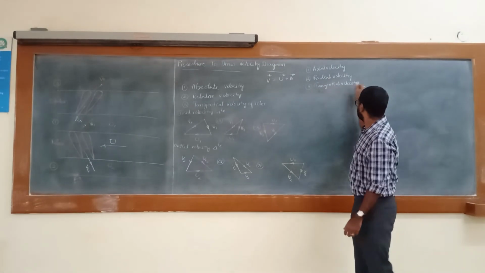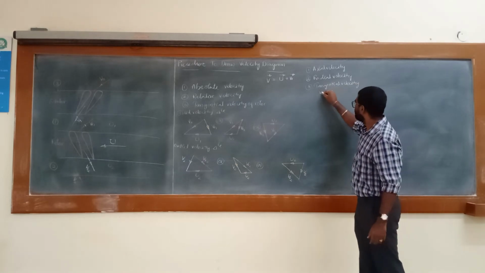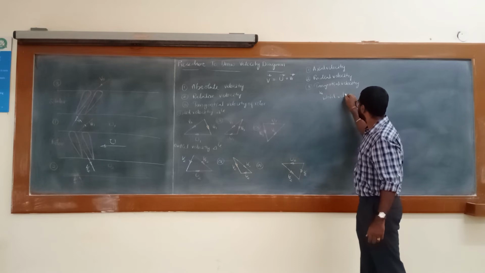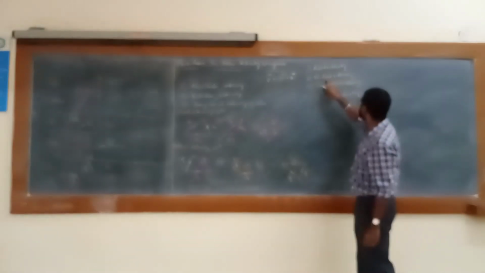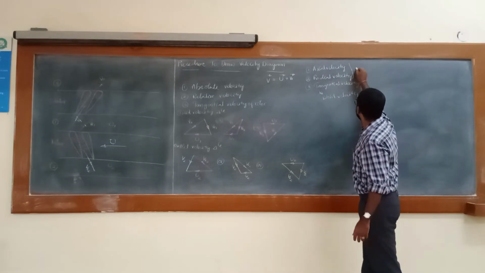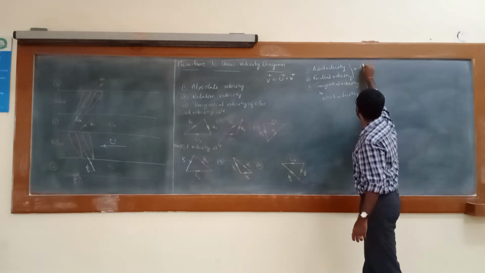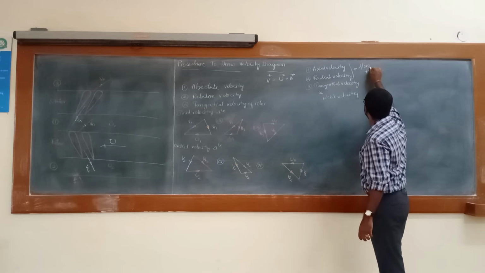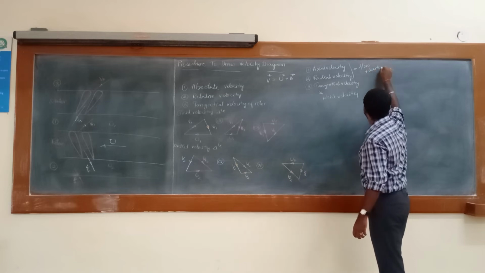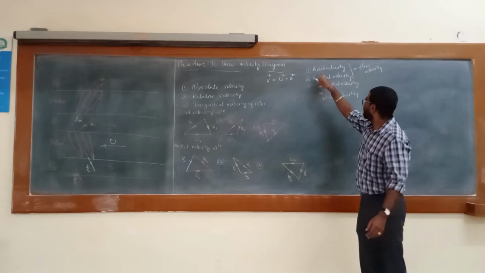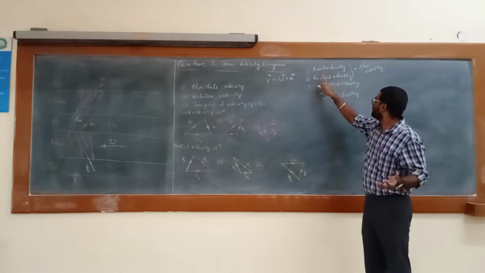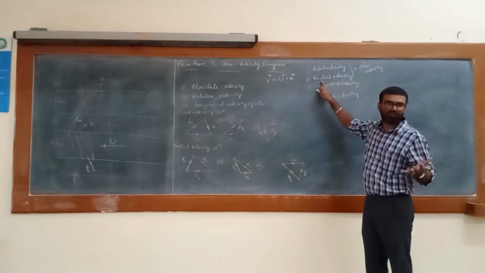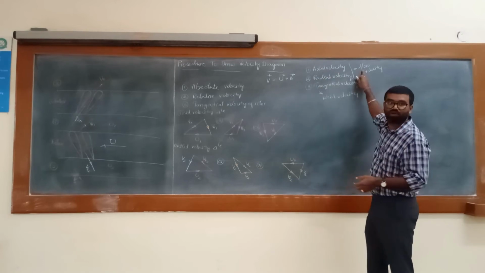The tangential velocity component we call the wave velocity, and the axial velocity and radial velocity we call the flow velocity.